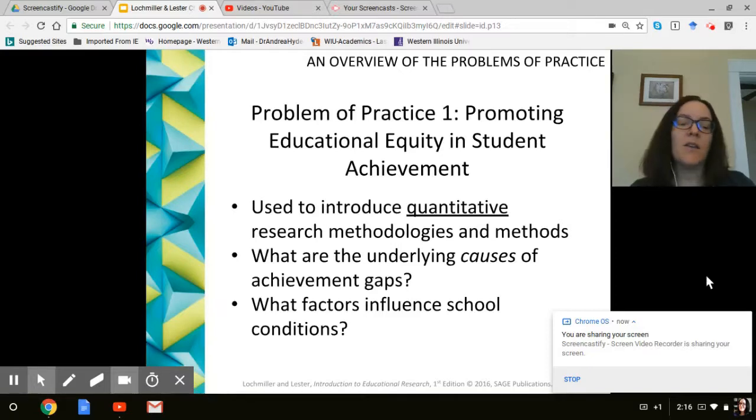And the authors are going to refer to this particular problem to introduce quantitative methods. So using quantitative methodologies and methods, we're going to ask, what are the underlying causes of the achievement gaps or the opportunity gaps?